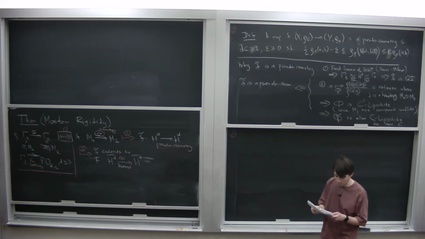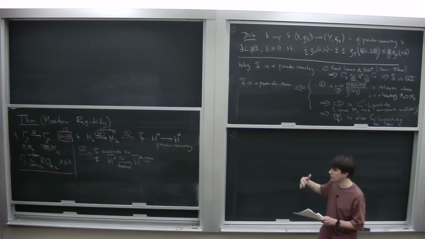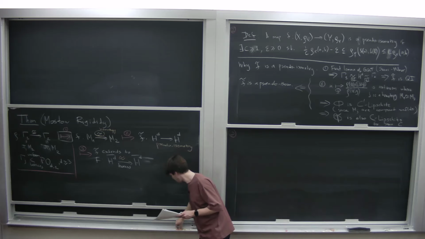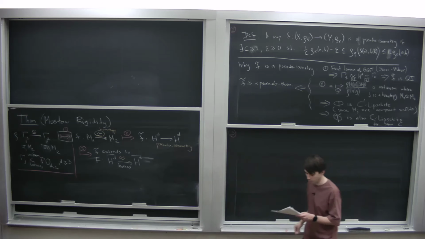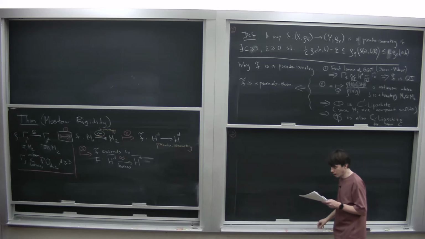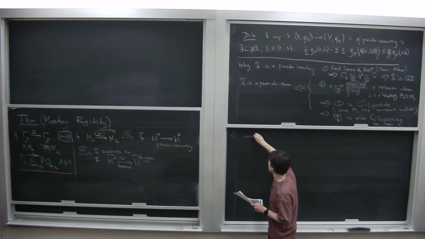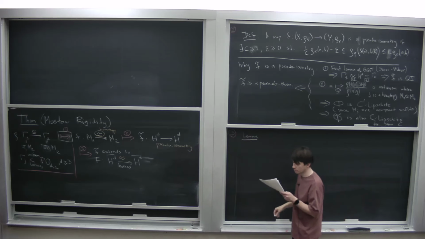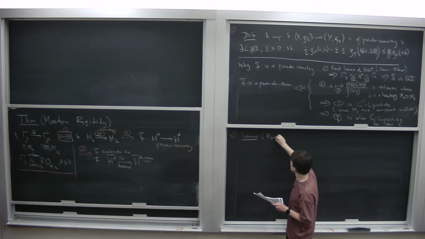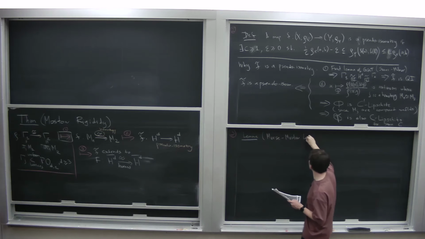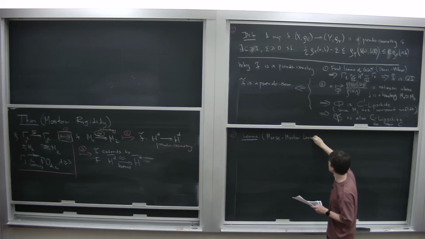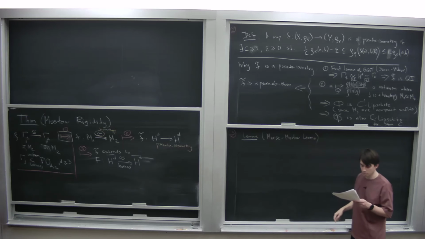Step number 3. Okay, I will mention just a few lemmas, just to give a rough idea of what is the technique behind this step number 3. The main result in this step number 3 is the following Morse-Mostow lemma.